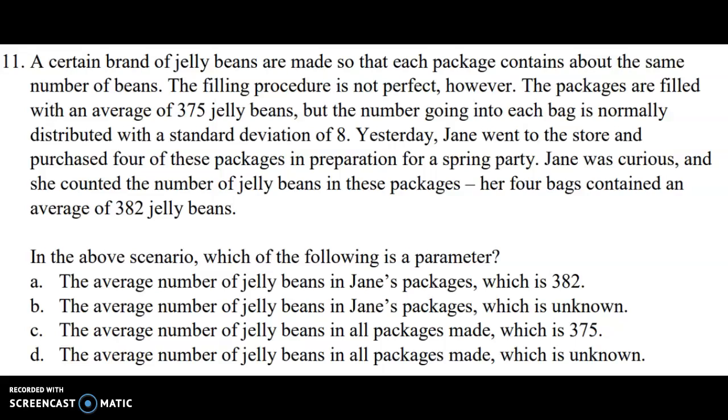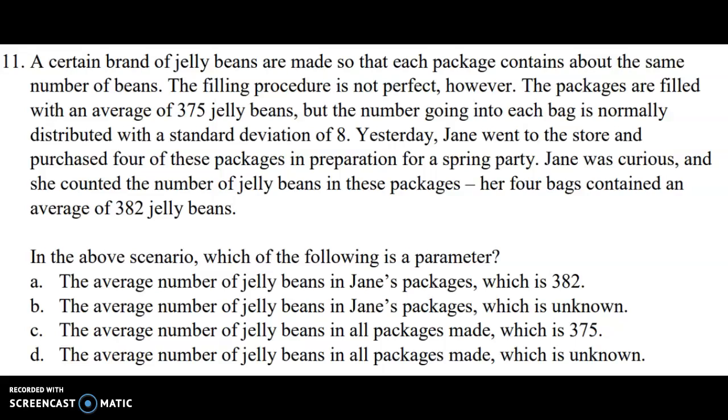Okay, the average number of jelly beans in Jane's package, which is 382. Well, no, because you have this plant and they are making all these jelly beans. If you looked at every single bag within that plant, that would be the population.